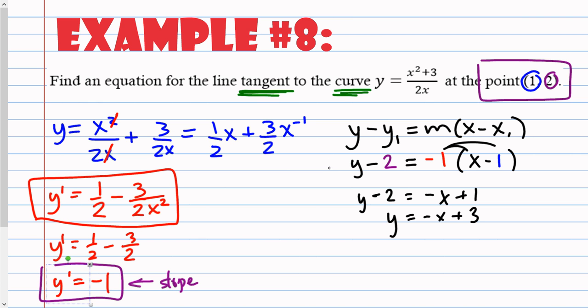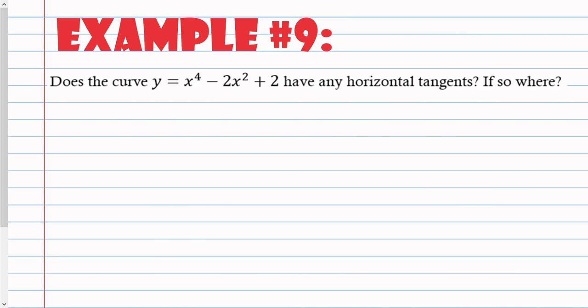But again, this is perfectly fine unless it tells you otherwise, or it's multiple choice and all of the answer choices are written out in slope-intercept form. Then yes, you would have to figure out what this looks like as slope-intercept form. That's it.